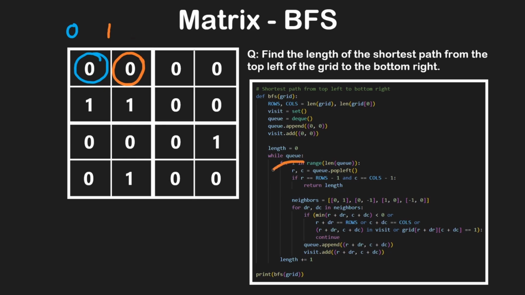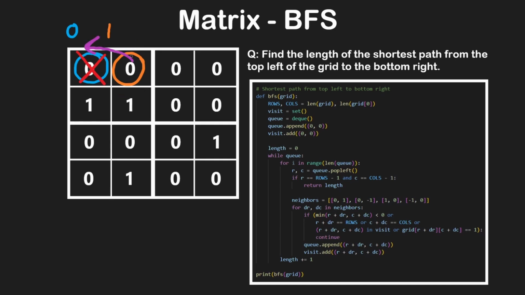Now, after we've gone through all the neighbors and popped this position from our queue, we now have this in our queue. After that loop, we're also going to increment the length by 1 to indicate that this layer we have now added to our queue can be reached. All these nodes can be reached with a path length of 1. So now let's continue, and at this point I'm going to focus mostly on the visuals. We know we can go in 4 directions: down, up, can't go in either of those directions.